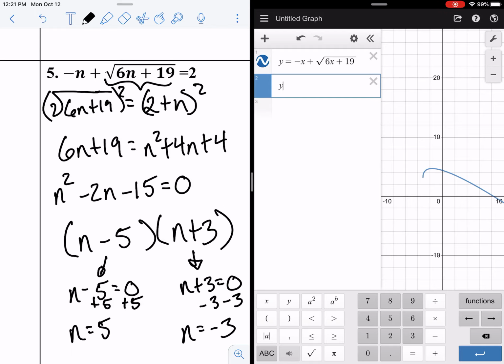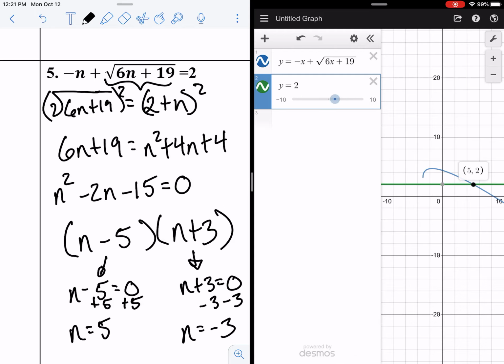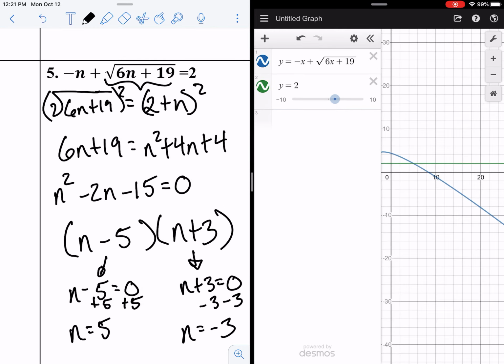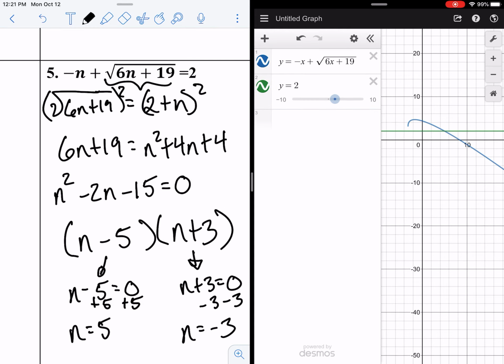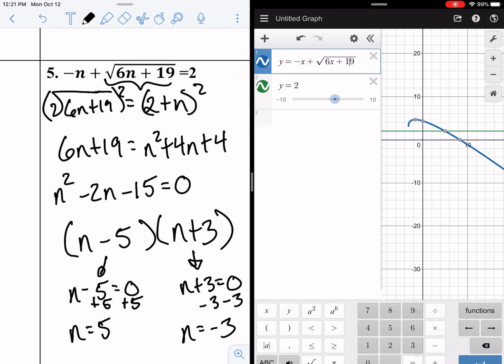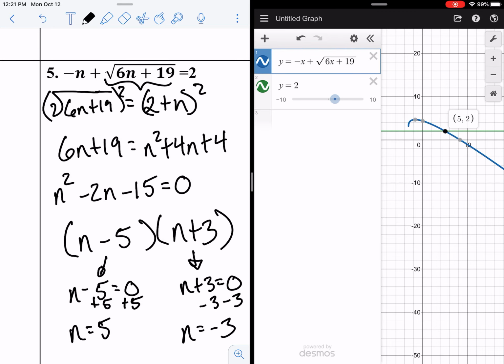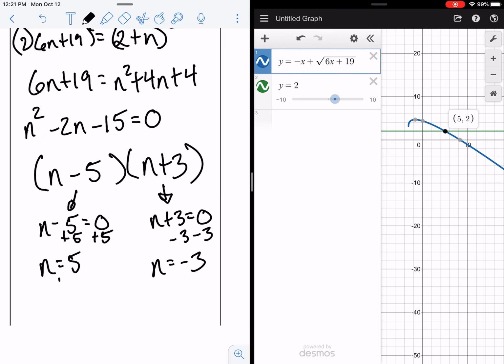And then y equals 2. Again, your answer is the x value where your graphs intersect. If I look at this graph, they only touch right here, and that value is 5. So 5 is my real solution. Negative 3 is extraneous. And that's all there is to it.